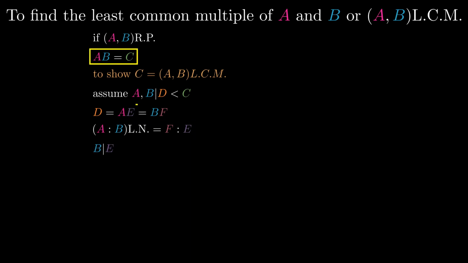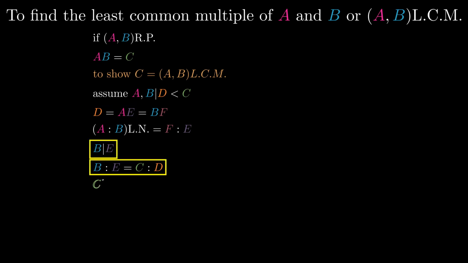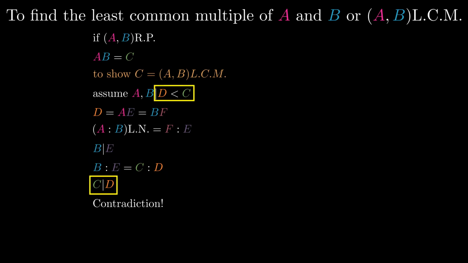Since ab is equal to c and ae is equal to d, b to e is proportional to c to d. b measuring e means c measures d, but this contradicts c being greater than d. So, if a and b are relatively prime, multiplying them together to get c gives the least common multiple.